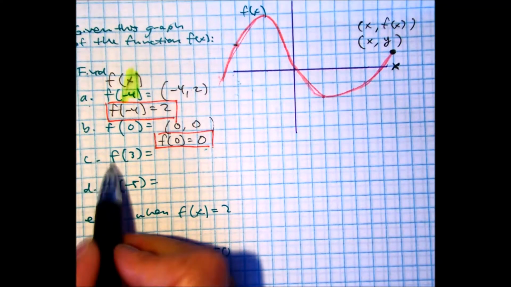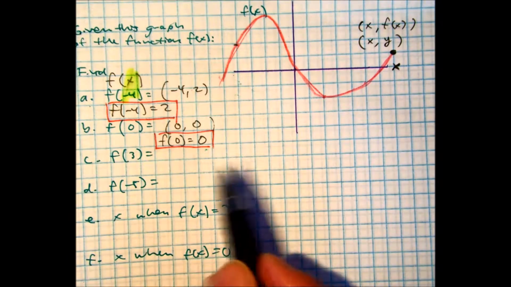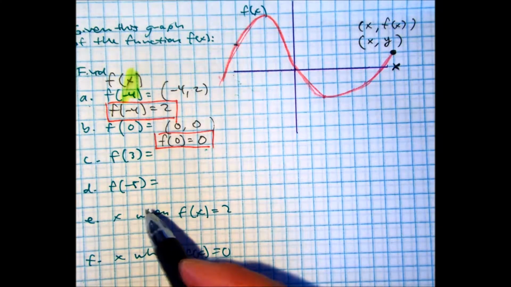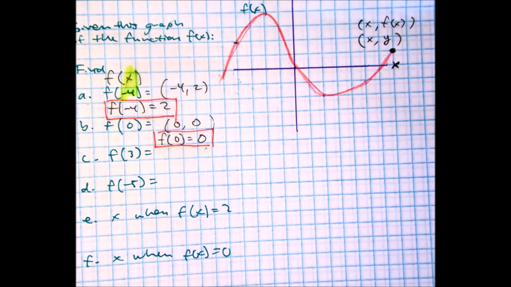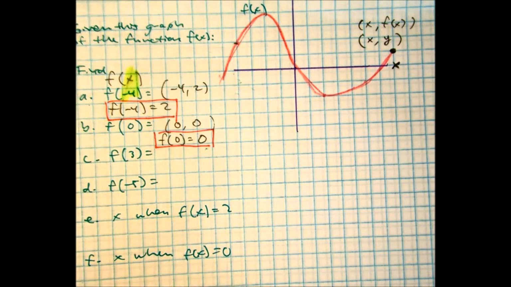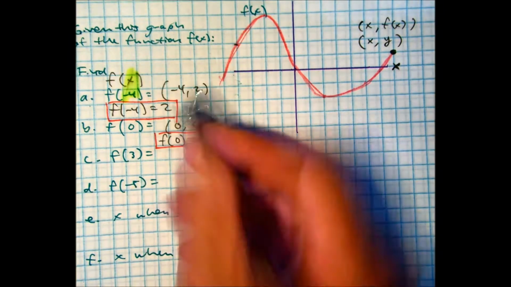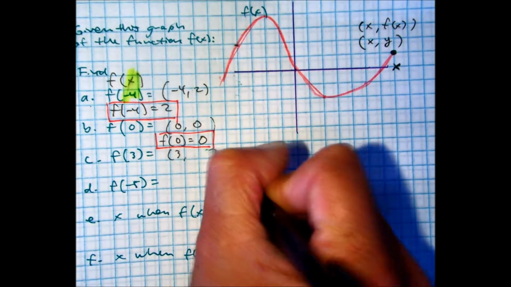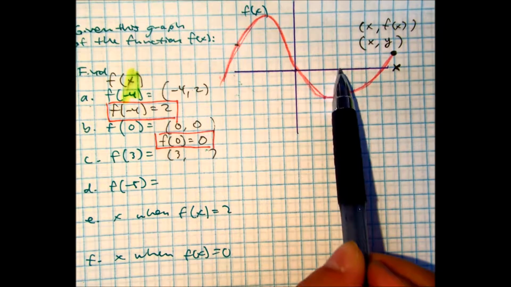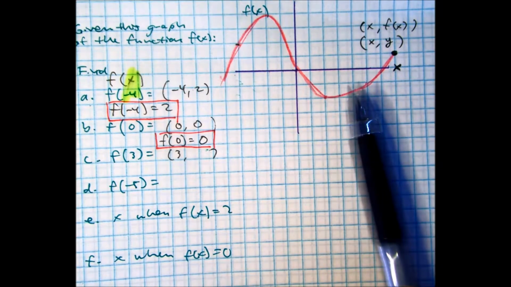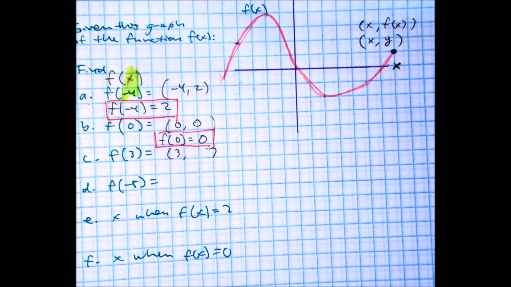Let's do C together. Partner B to partner A, what is your x value? Angel, what is our x value? 3. Class, what's our y value at 3? I try to give you numbers that go through the axis itself.